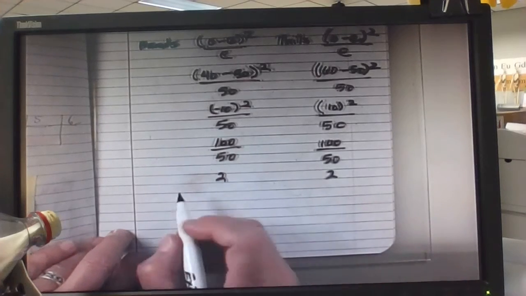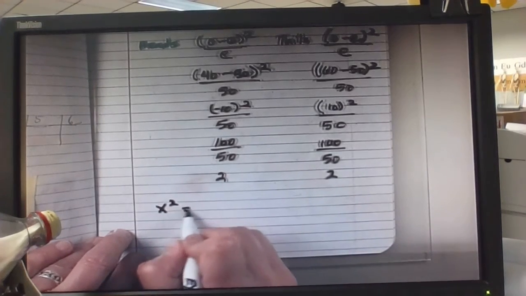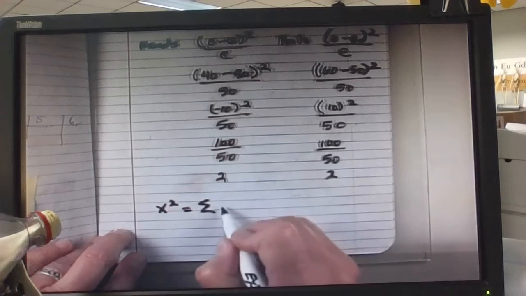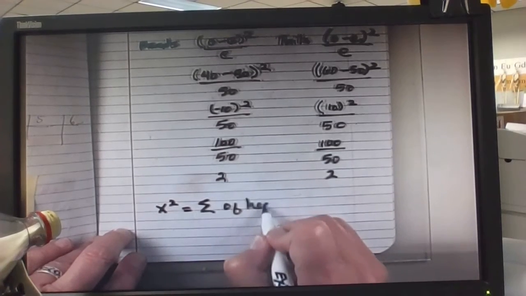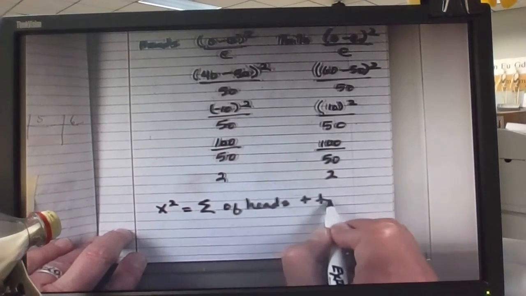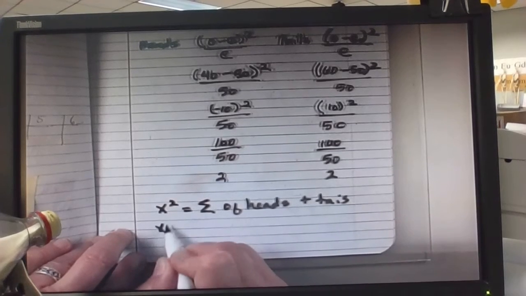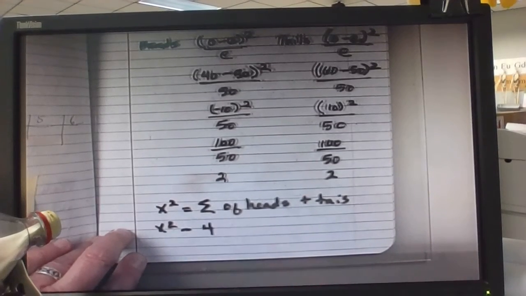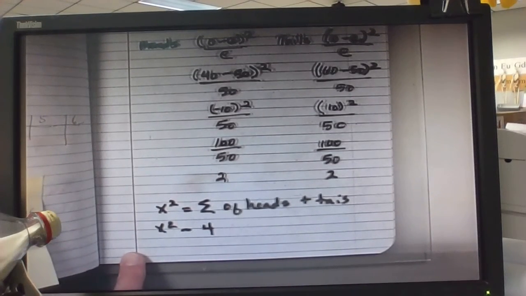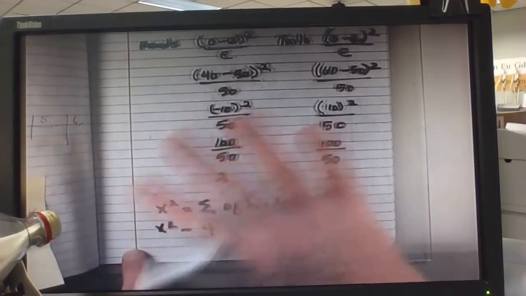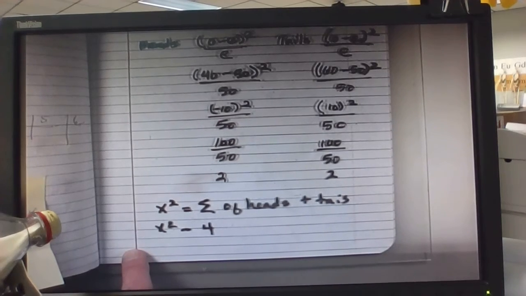Then underneath, write chi-squared equals the sum of heads plus tails. So my chi-squared value is 4. And your numbers are different, so you plug in your numbers.